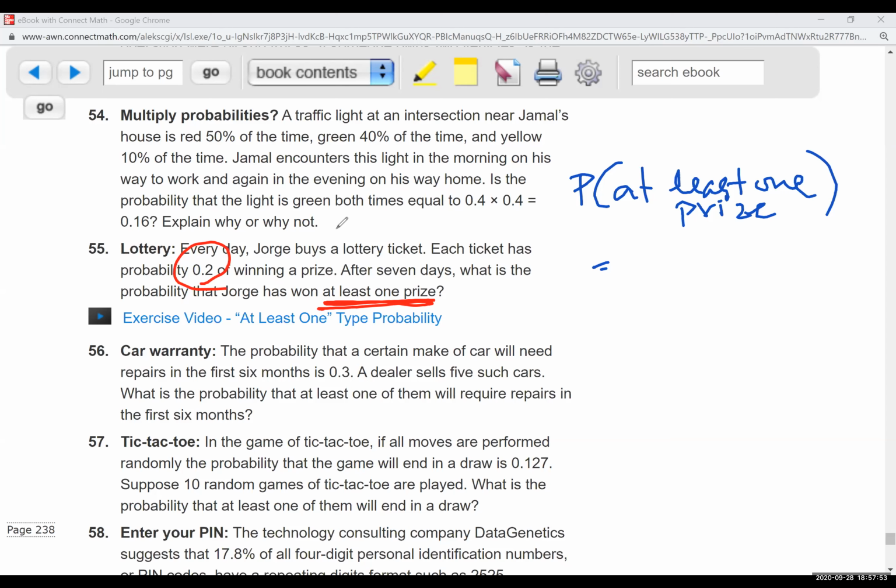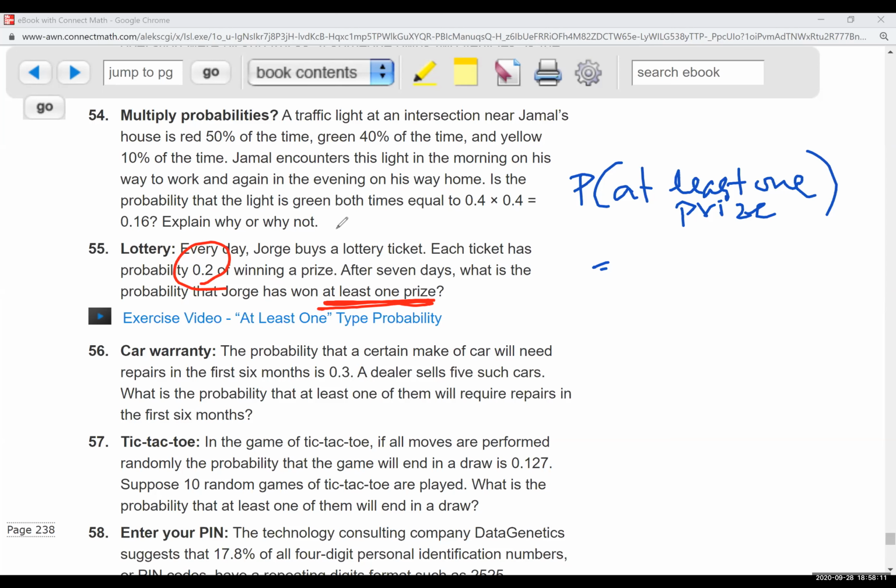Only one got the correct answer. I got 0.9999.